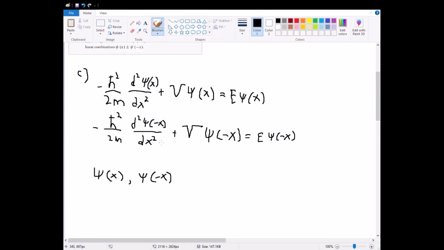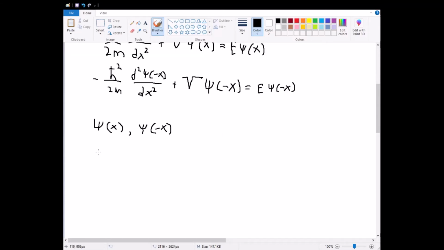And in the exact same vein, the combination of psi of x plus psi of negative x is going to be a valid solution. And in the same vein, psi of x minus psi of negative x is also going to be a valid solution.